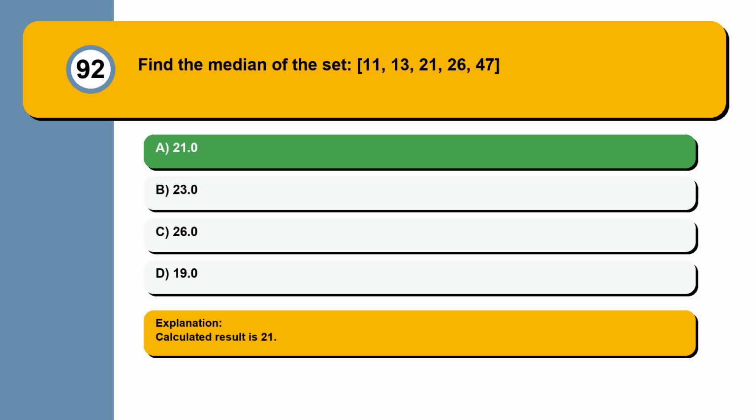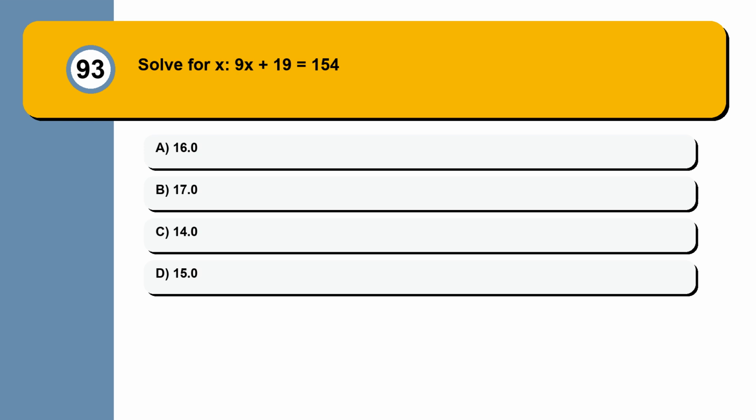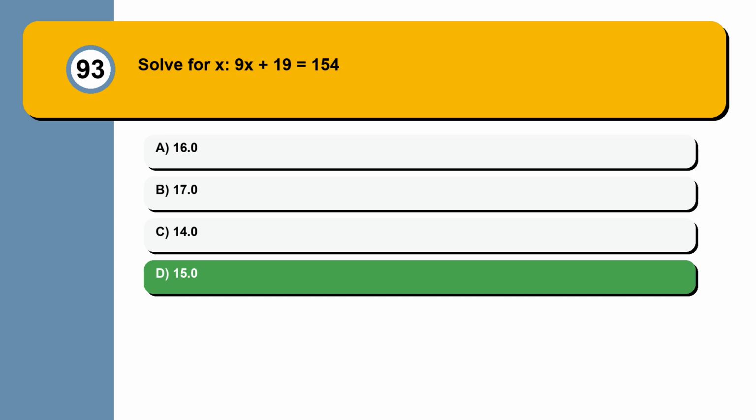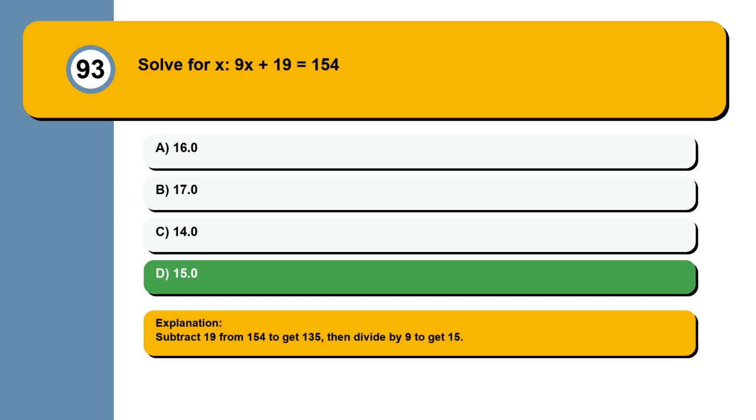Calculated result is 21. Question 93. Solve for x, 9x plus 19 equals 154, 16.0, 17.0, 14.0, 15.0. Subtract 19 from 154 to get 135, then divide by 9 to get 15.